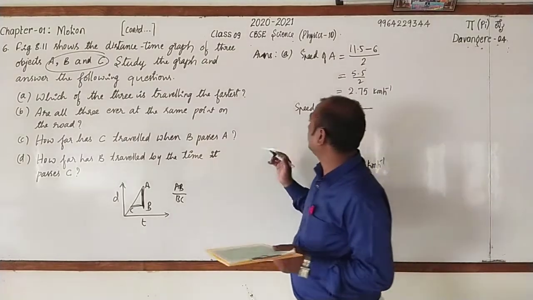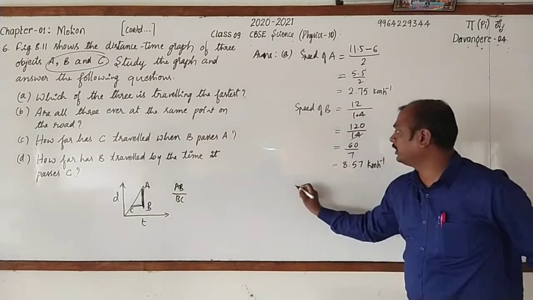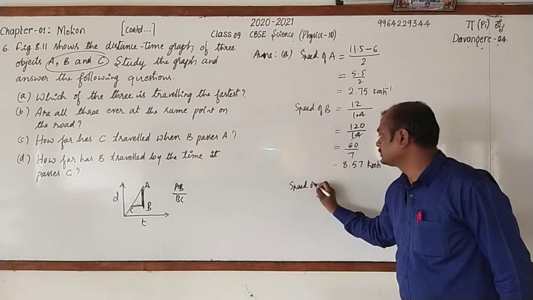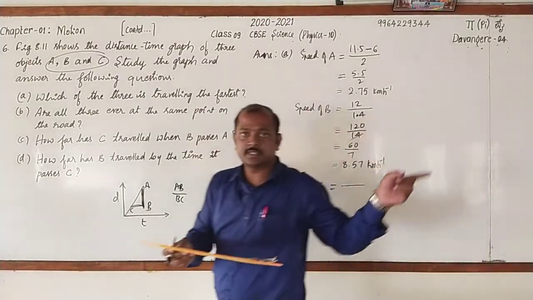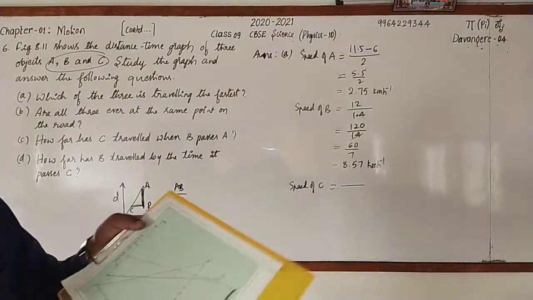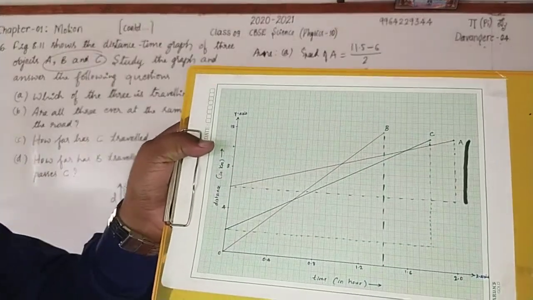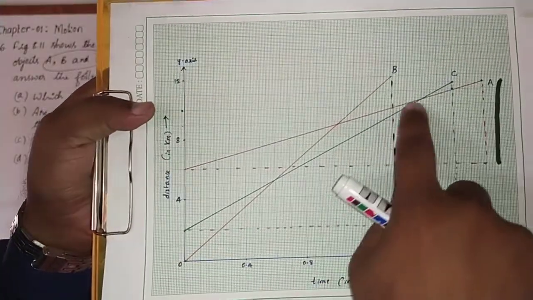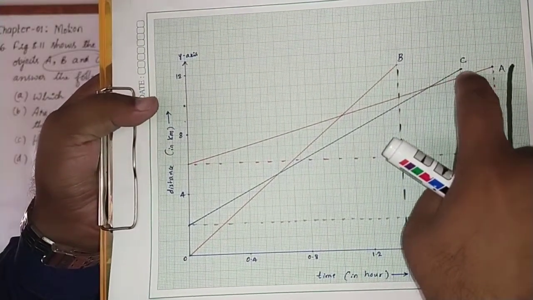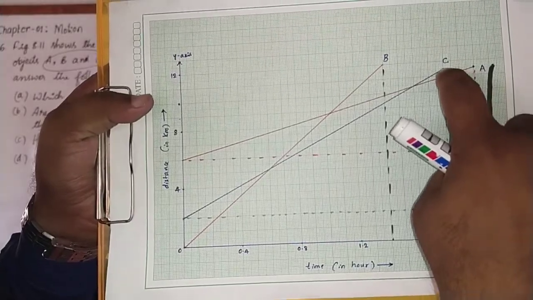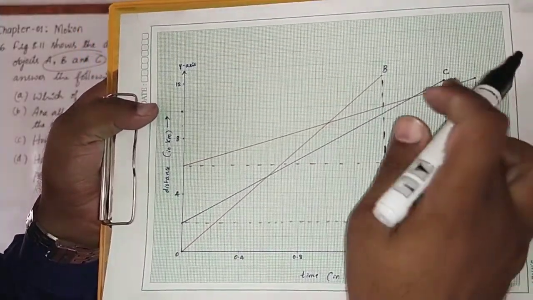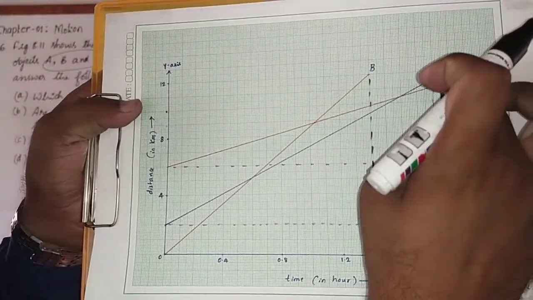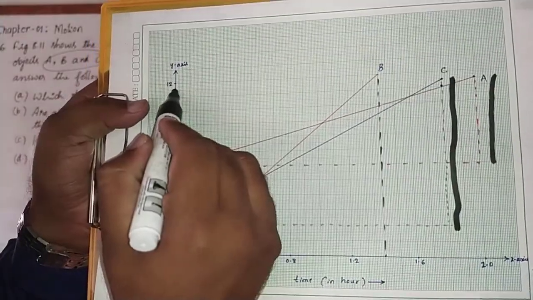Next, we have to find out the speed of C. Speed of C is again vertical distance by horizontal distance. Here you can observe there is a blue color line. Observe this distance from here to here. Up to here, how much is it? It is 11.5.